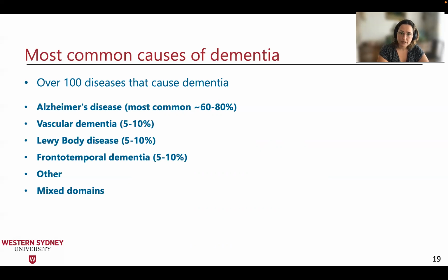We then have Lewy body disease and frontotemporal dementia, and that, as you can tell from the name, is a lot to do with our frontotemporal areas. There are many others, but it is also quite common to have mixed dementia. So a person with Alzheimer's disease may also have vascular dementia, where it's not just the tau proteins and the amyloid plaques that build up, it is also the lack of blood supply for oxygen or glucose to the brain. But we'll get into that shortly.